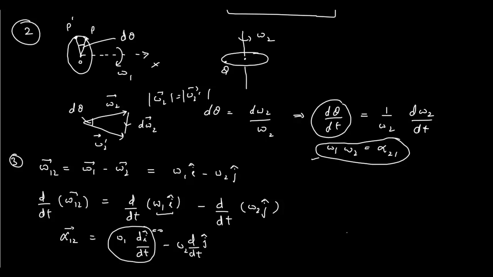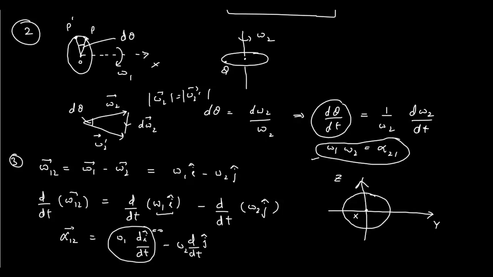Now how we will calculate this dj cap by dt is our concern here. For this you have to consider the situation of object 1. Let this be any point that is moving in the circle with respect to point 1. Clear? And this point, the point through which the x-axis is passing, now this x-axis is towards you. Clear? And we have two mutually perpendicular axes. This is y-axis and this is, say, z-axis. Clear?